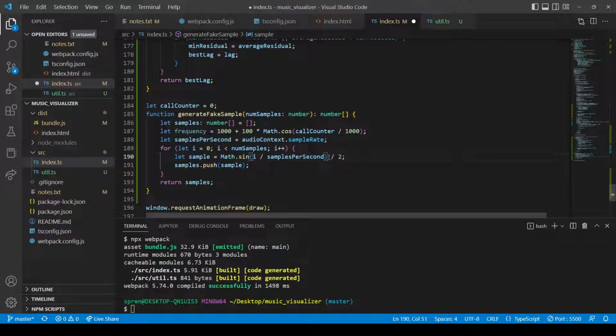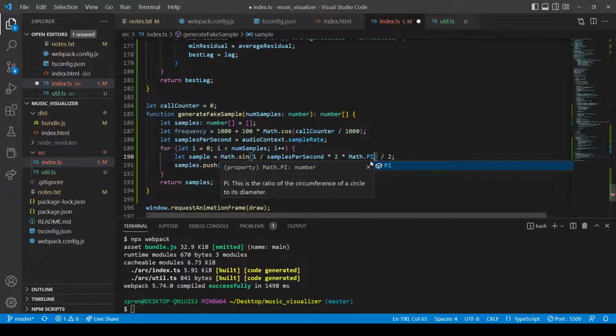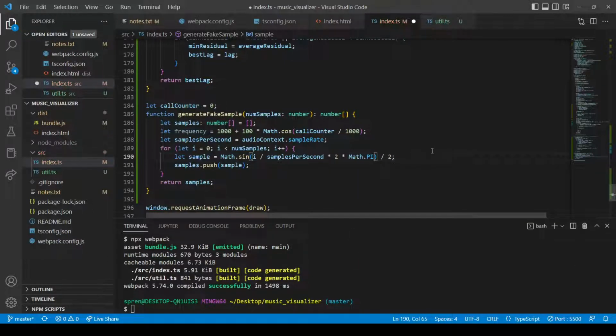So it's this times 2 pi, times frequency. I think that's correct.